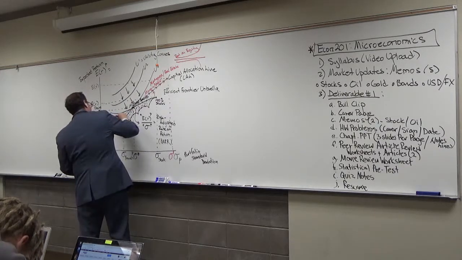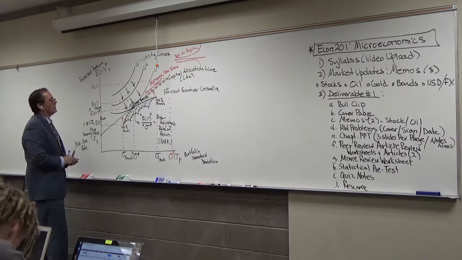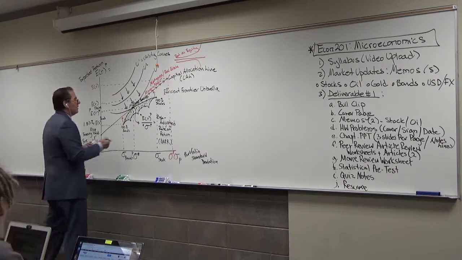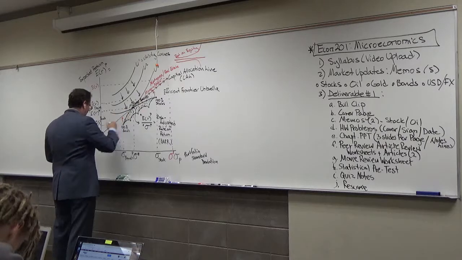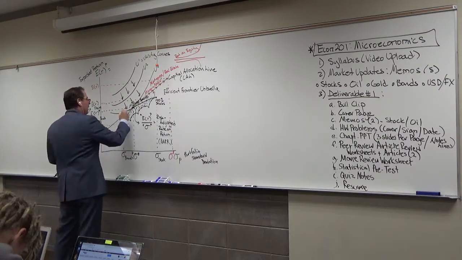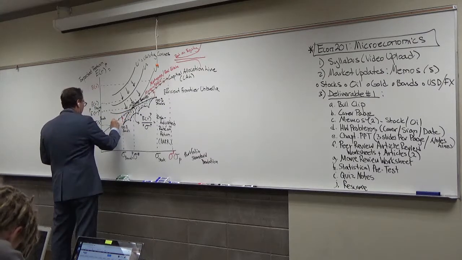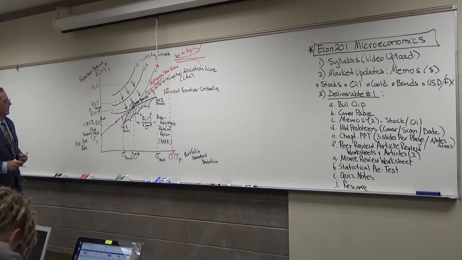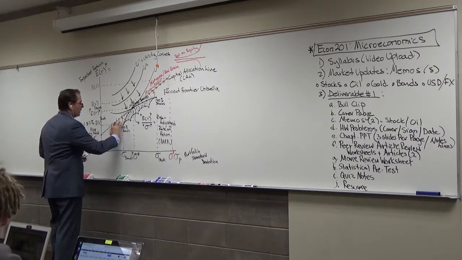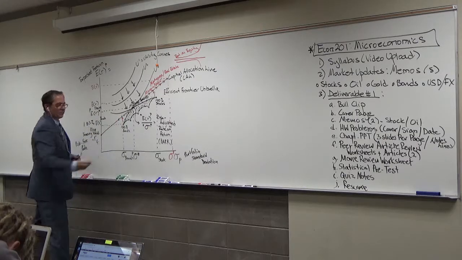Okay. I can also jump off the efficient frontier and move down the capital allocation line. Let's say to here. Let's say to here. Okay.